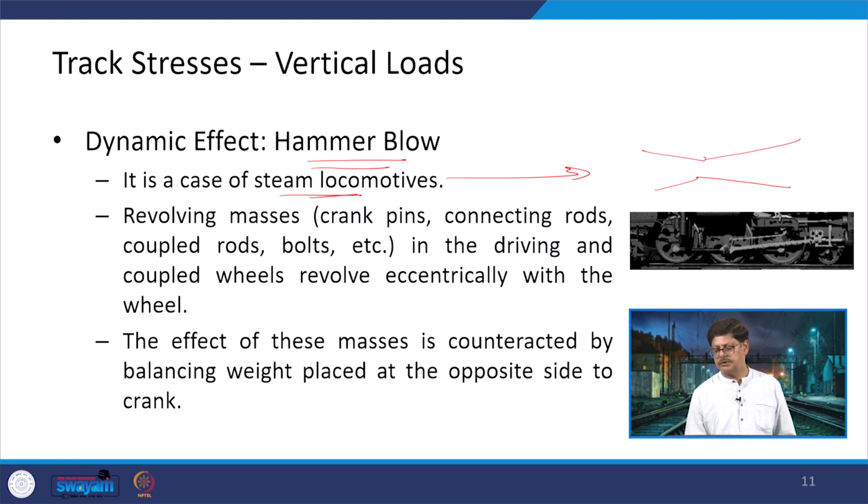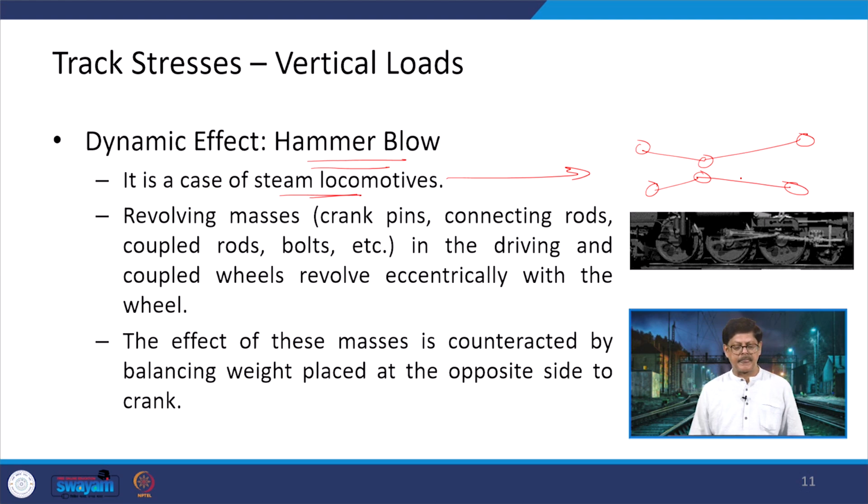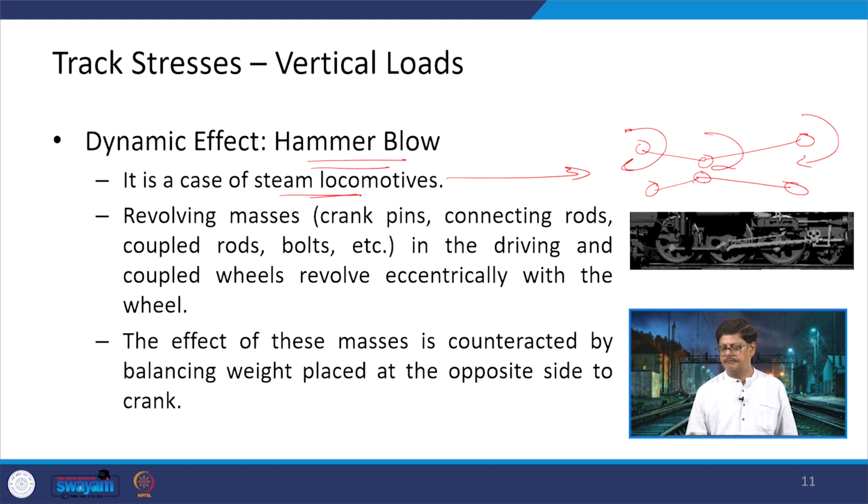So, there is a movement of these coupled systems or the crankshafts in this way. There are loads placed on all of these locations, and these loads are basically revolving in this form.